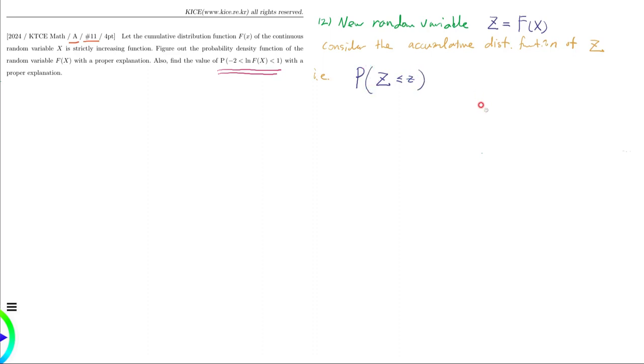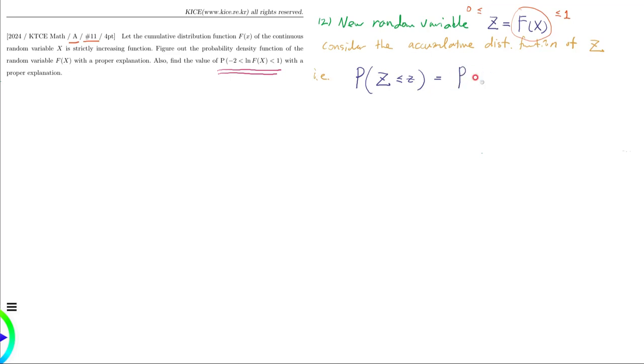That will be our cumulative distribution function of this new random variable. Let me note that since this is a cumulative distribution function, the random variable can have values from 0 to 1. This is a short remark.